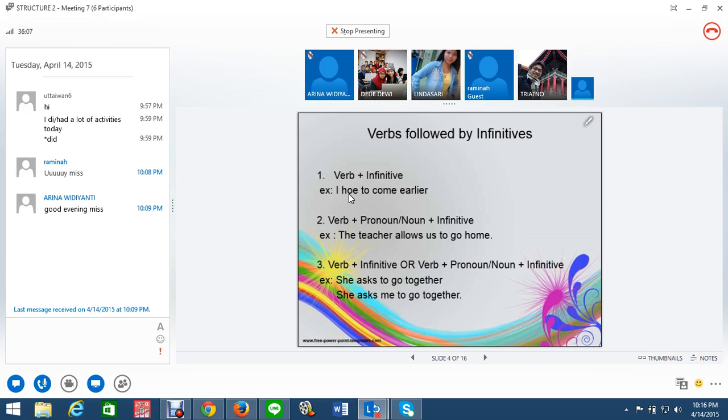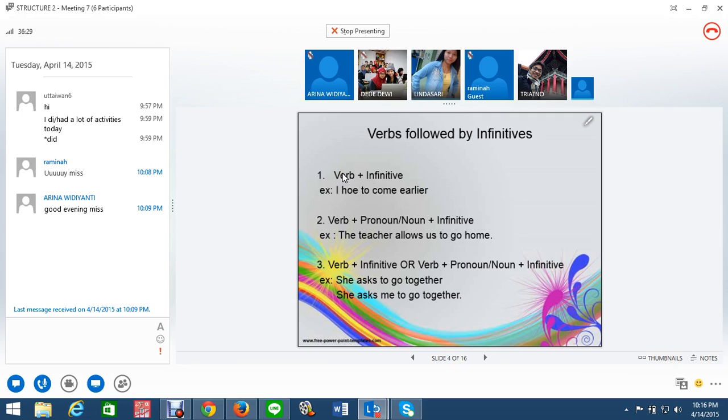Okay. Got it? So it can be a noun, it can be a verb, right? Jadi it is how. It can be a noun, it can be a verb. So here the function of how is as a verb, sebagai kata kerja.